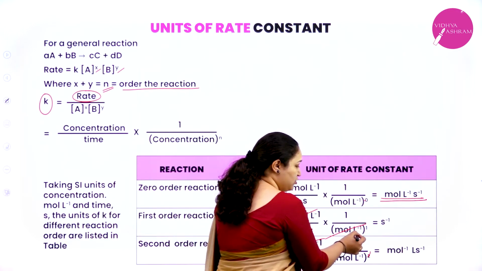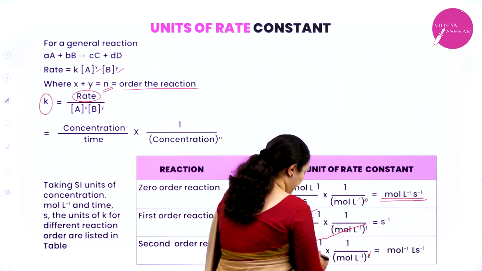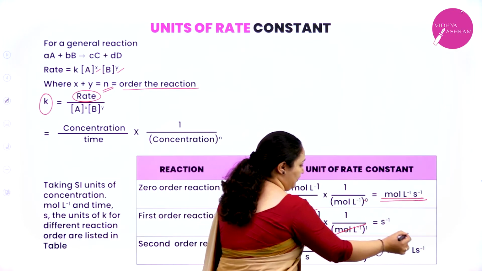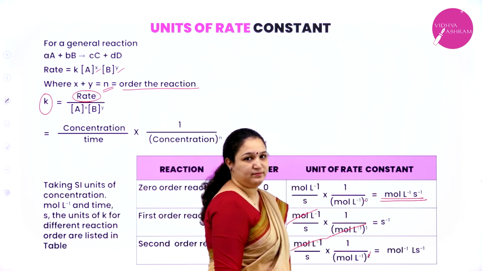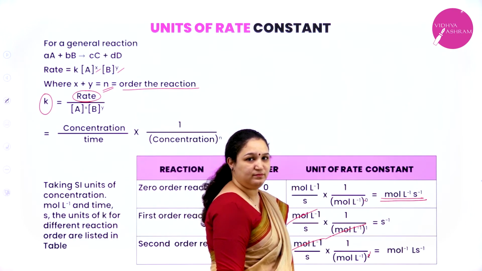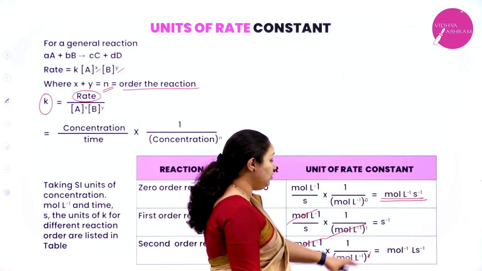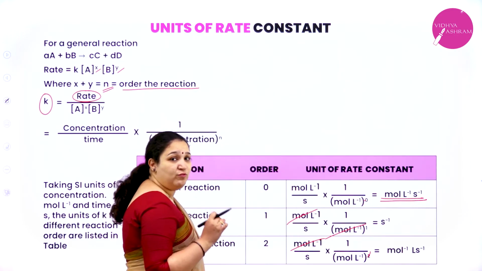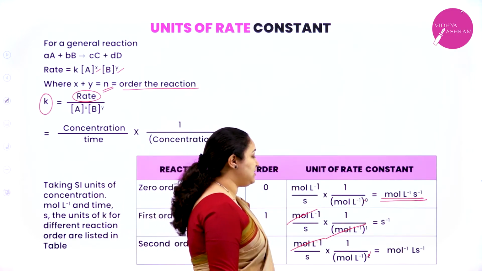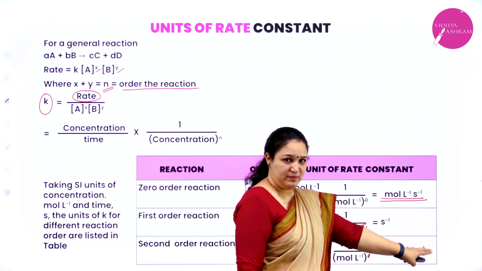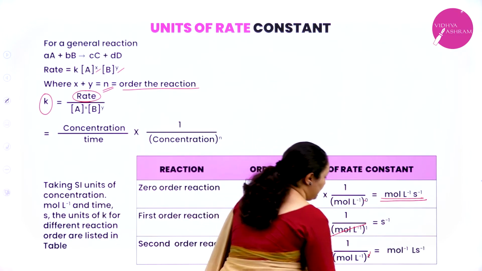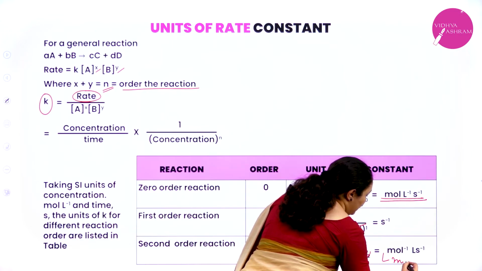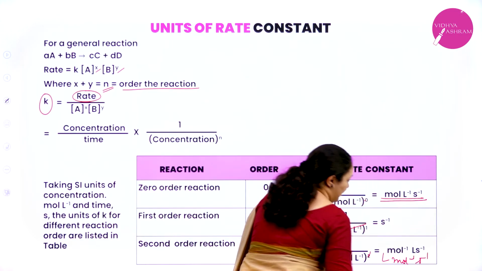Per liter, when it goes to the numerator, it becomes liter, and second, when it goes to the numerator, it becomes per second. Correct? So the rate constant unit for second order reaction is per mole liter per second, or we can also write it as liter per mole per second.